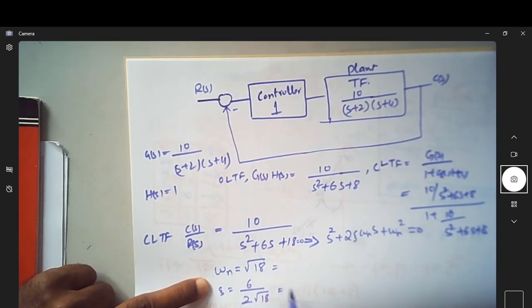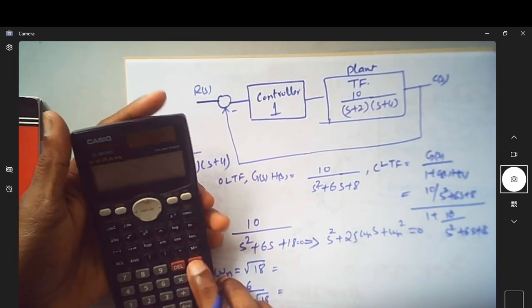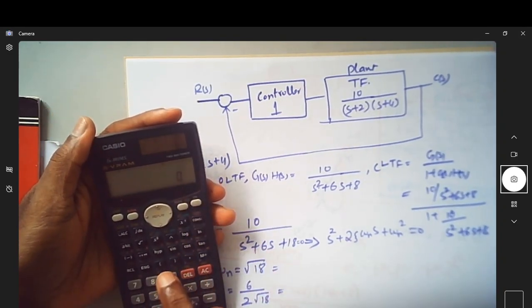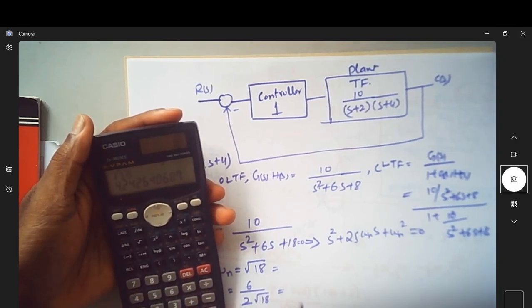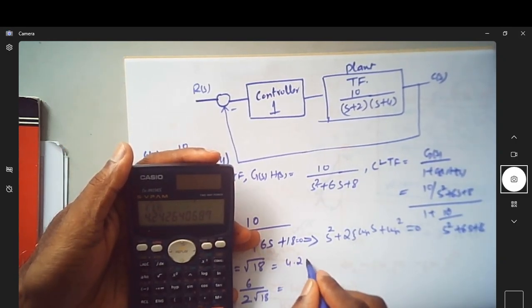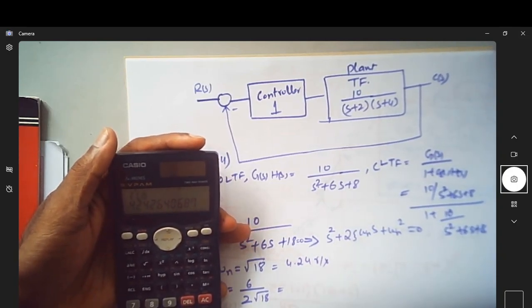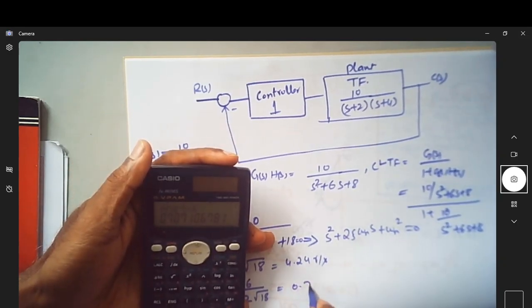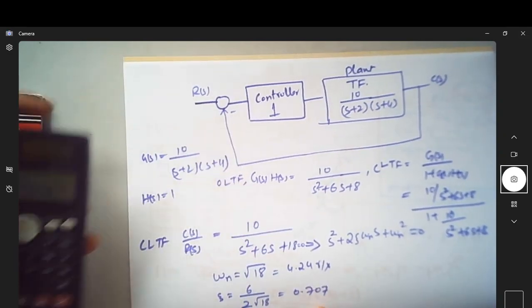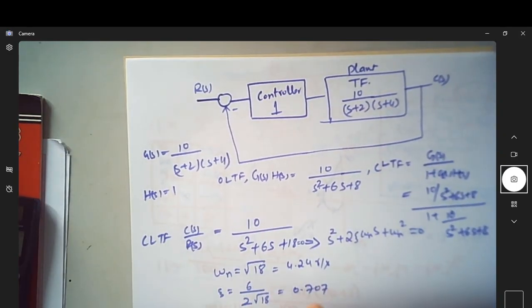So let us try to find out these values of omega n and zeta. So omega n happens to be root of 18, which is 4.24 radian per second, and zeta is 1 over that into 6 by 2. So it is now 0.707. So this is the value of damping ratio and the natural undamped natural frequency.